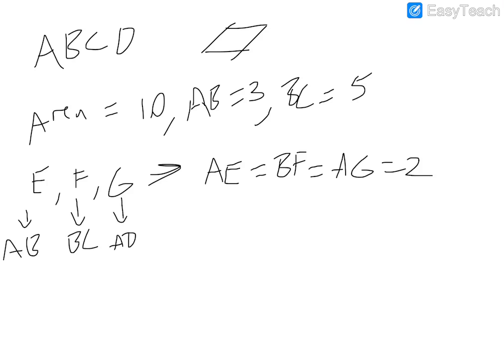Now, let's say the line through G is parallel to EF, and it intersects CD at H. So find the area of EFHG.